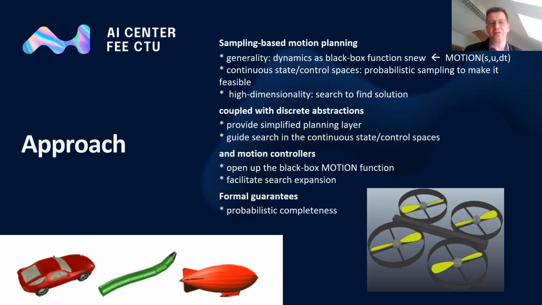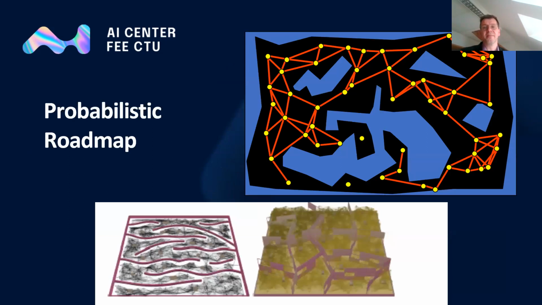And you have motion controllers opening the black box function and facilitating search and expansion. Sometimes you get formal guarantees, but I'm not diving into that one. As a basis to start with, you can have triangulation or any kind of workspace decomposition. What happens to be the most often used in robotics are probabilistic roadmaps.